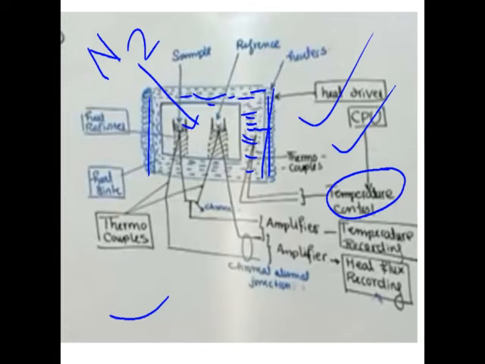It is an inert atmosphere provided to the sample and reference. Here for sample and reference heat flux, we have to keep the temperature difference at 0. After heating the sample, due to an exothermic or endothermic reaction, we get a difference, and that difference is measured with the help of a recorder. If these signals are weak, they can be amplified with the help of an amplifier, and they are converted into signals, or recorded in the form of a graph through this recorder.